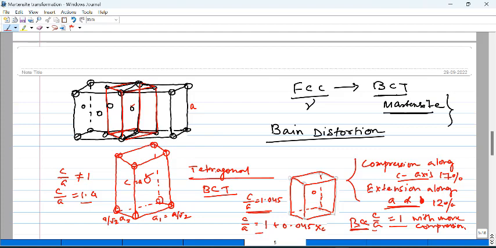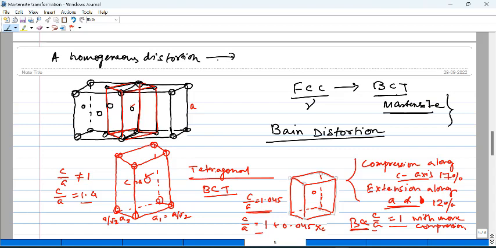This kind of homogeneous distortion, if I now come back to the Bain strain and define it: there is a distortion when this kind of change occurs from one crystal structure to another by some compression or extension along the crystal axis.